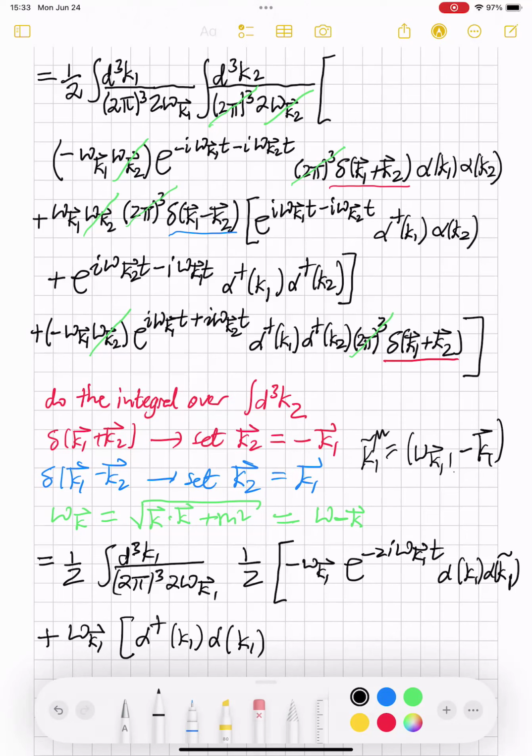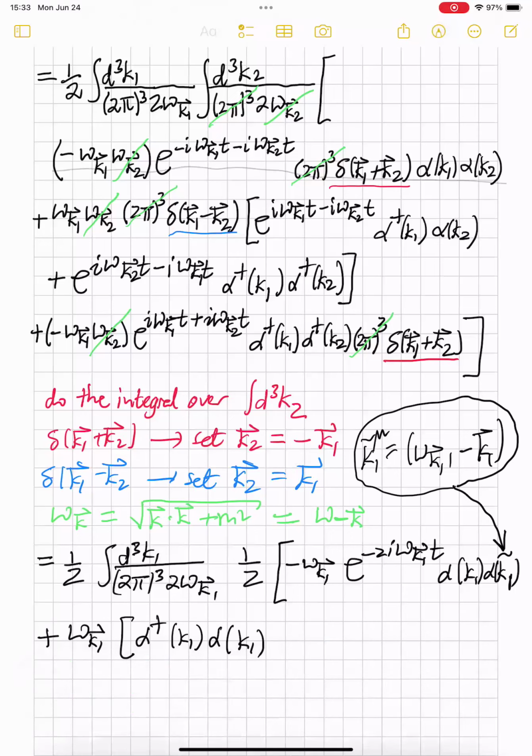Its zero component is the same as K1, but its spatial component has a different sign. And K1 tilde is what sits inside that oscillator. And it's happened because the delta function tells me to insert K2 equal to minus K1. On the second term, I'm inserting K2 equal to K1. So that's why I've just gotten an alpha dagger of K1 and alpha of K1.